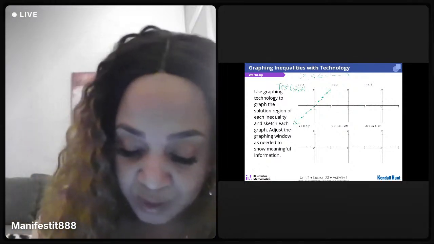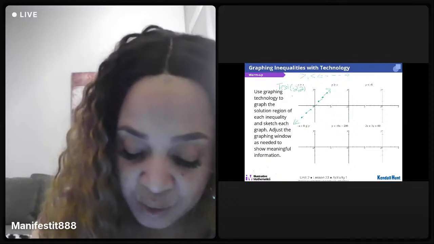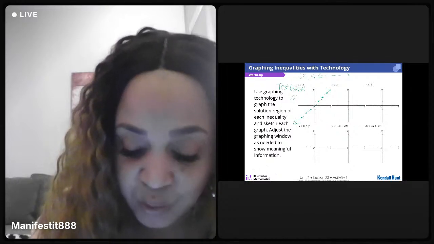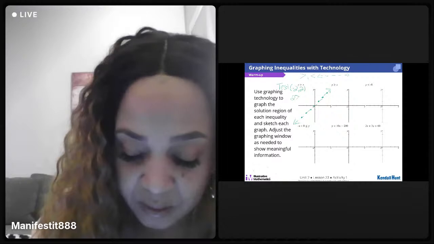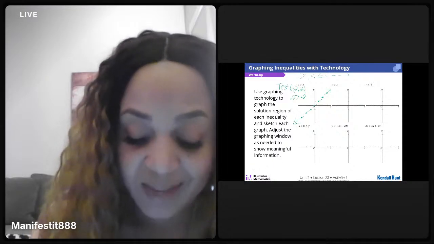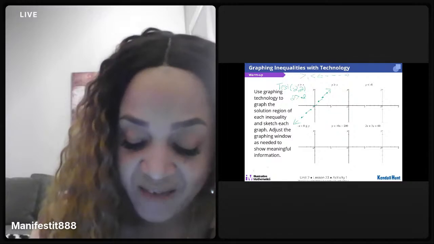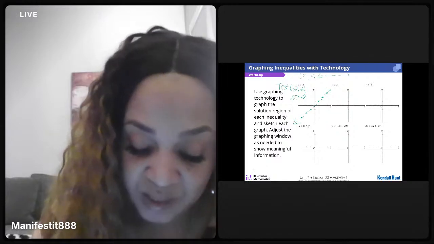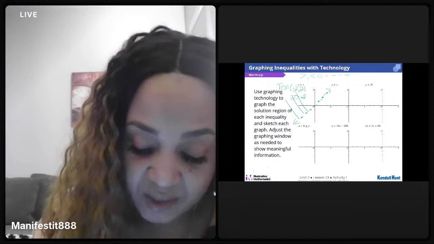Is it true that this y, 2, is greater than -2? Absolutely. This y, 2, is greater than -2. So that point will be in the solution set, which means my shaded area is up here.